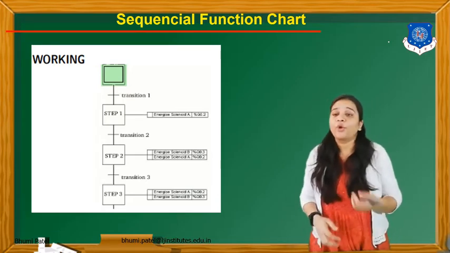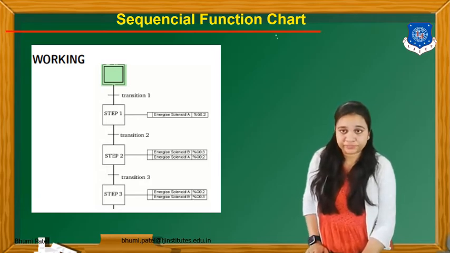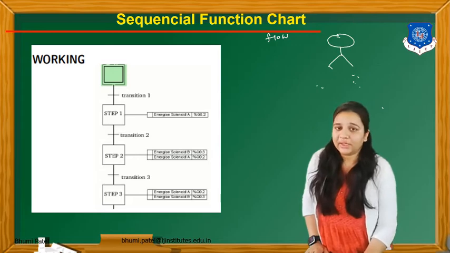Otherwise it will go to step number 1, like the flow chart. As you remember, in the flow chart we apply the input, then we check the condition. If the system condition is satisfied, this input signal or the set point will go to the down position.